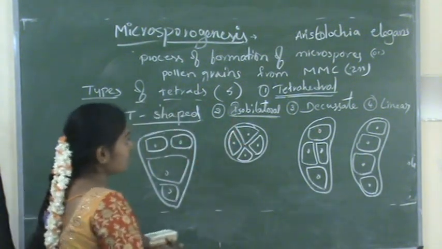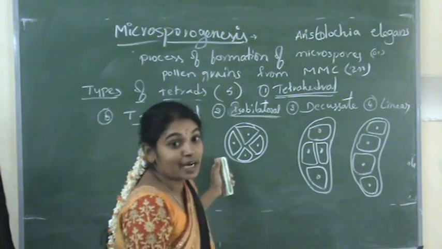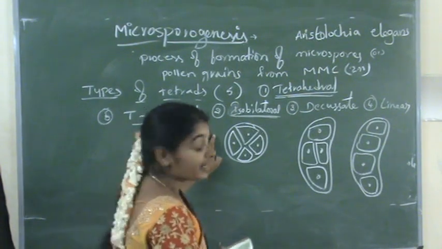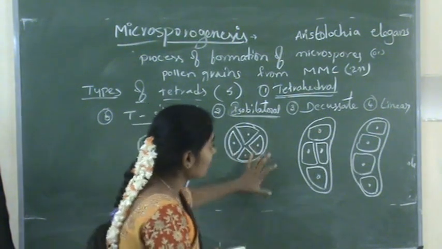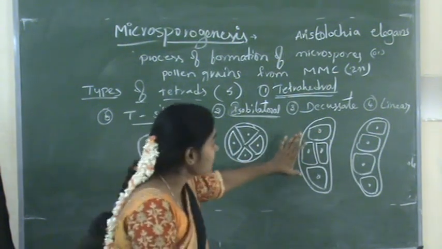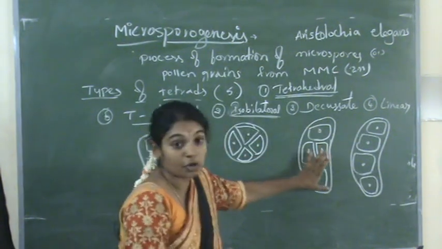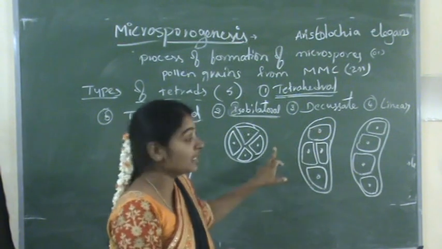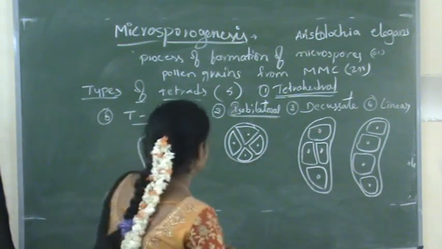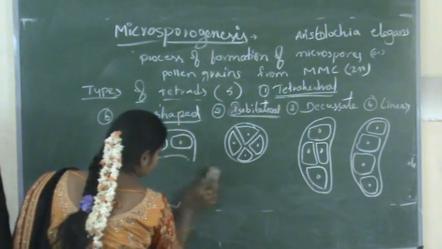So after formation of these tetrads, they are separated from the microsporangia. In each tetrad there are 4 cells, and these 4 are separated from the microsporangia.